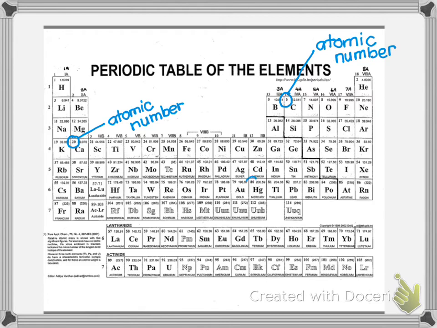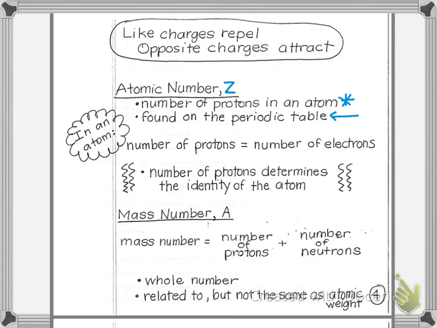And I could ask, okay, mercury, how many protons does it have? That's its atomic number. So mercury has an atomic number of 80, so it has 80 protons. Okay, so the atomic number equals the number of protons, and it's not a memorizing thing. It's something that we can find on the periodic table.